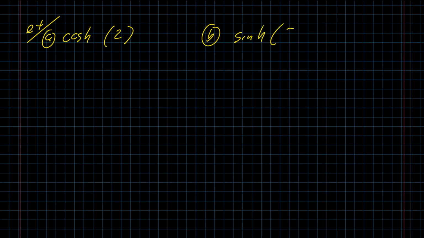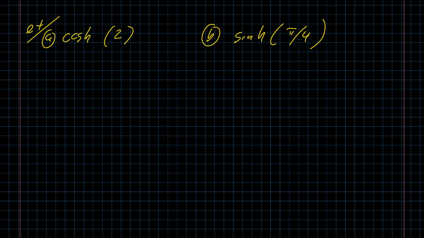Now that I've gone through all of the hard parts of the hyperbolic functions, I'm going to let you work through some of the easy parts. Make sure that you are comfortable enough with these formulas that you can use them to evaluate things.